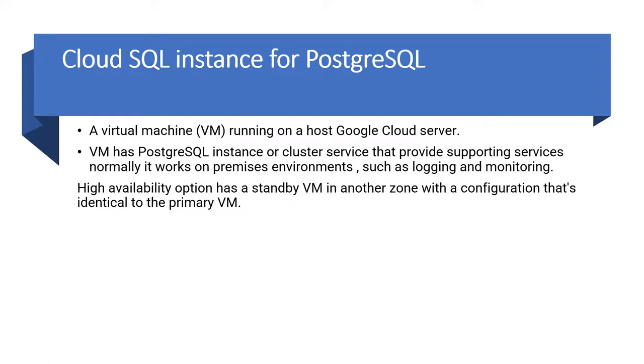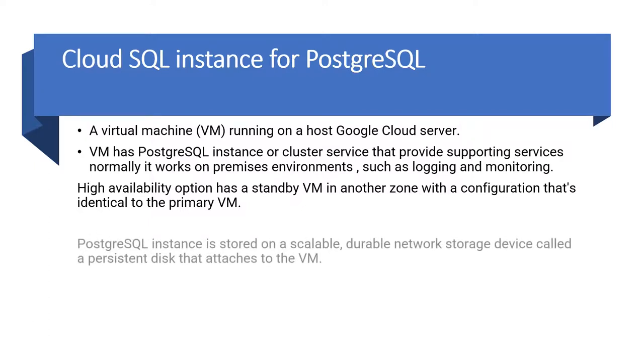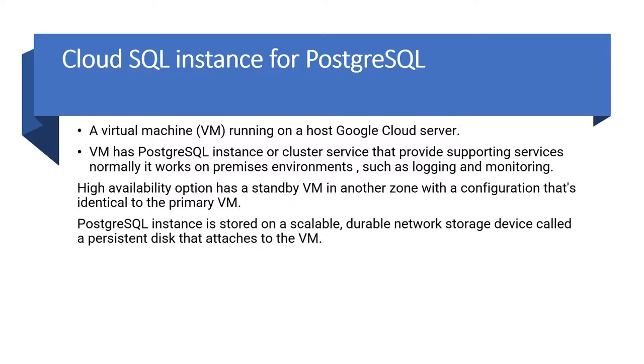And this is having the PostgreSQL instance or the cluster pre-installed, the way you work in an on-premises environment. And this particular virtual machine, when we say a managed instance, will have a standby virtual machine configured in another zone, and it is going to be identical to your primary instance.